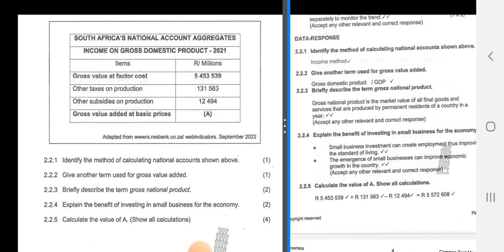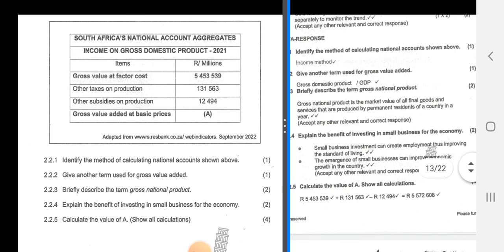And then 2.2.4 says explain the benefit of investing in small businesses in the economy. This one is a general one: what are the benefits of investing in a small business in a country? That's why we have "any other relevant ones." Number one, small business investment can create employment, thus improving the standard of living.